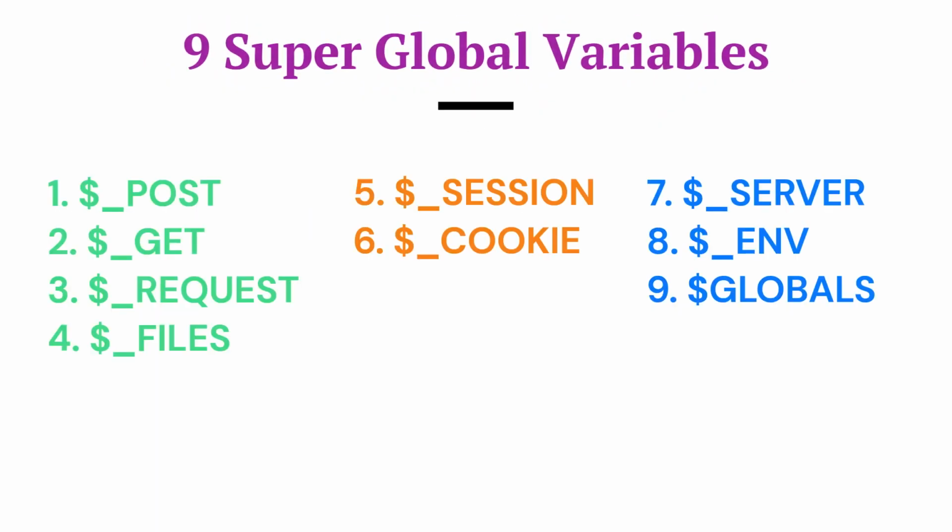There are a total of 9 superglobal variables available. These are 1. $_POST 2. $_GET 3. $_REQUEST 4. $_FILES 5. $_SESSION 6. $_COOKIE 7. $_SERVER 8. $_ENV 9. $GLOBALS.